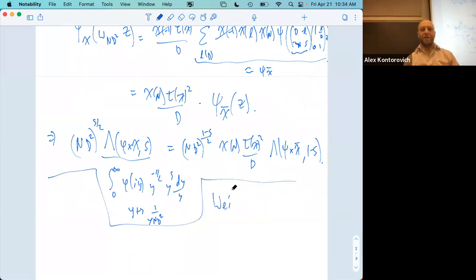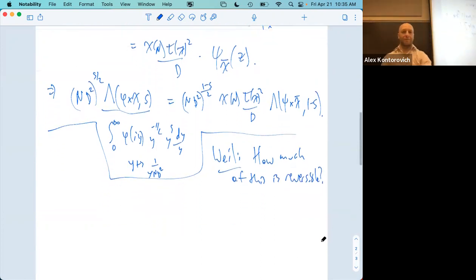So the Weil converse theorem is about how much of this is reversible. How much of this goes the other way? So you're going to give up the automorphicity. Exactly.